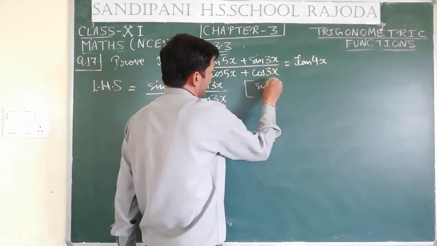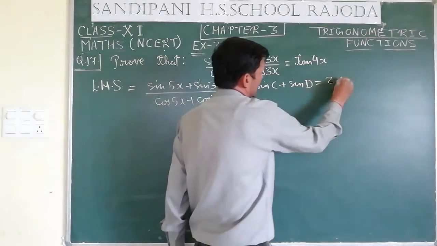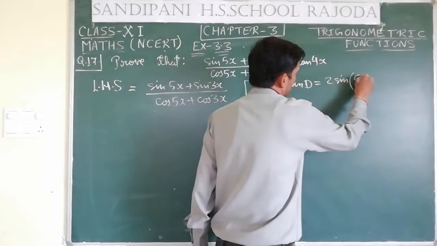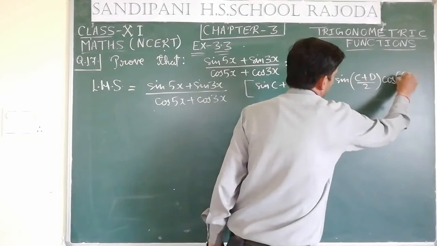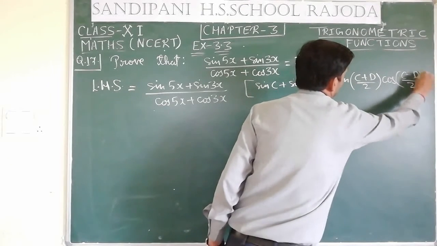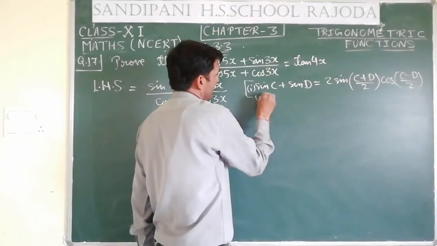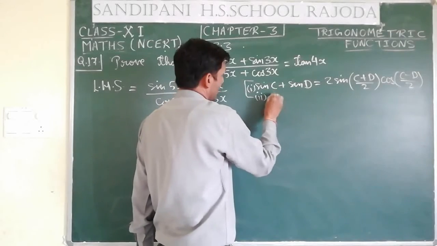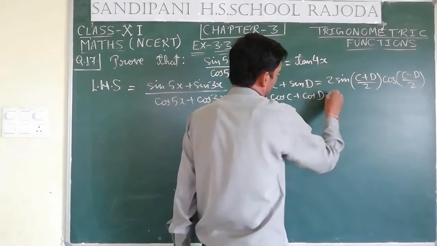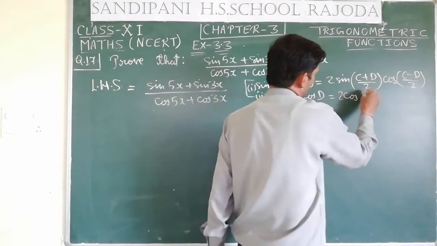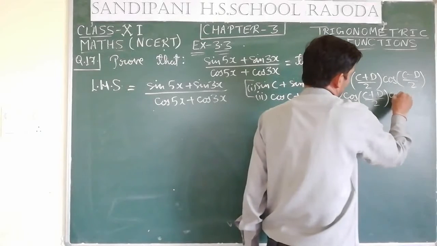So sin c plus sin d is equal to 2 sin c plus d by 2 cos c minus d by 2. This is the first one in numerator, and second one is cos c plus cos d, that is equal to 2 cos c plus d by 2 cos c minus d by 2.